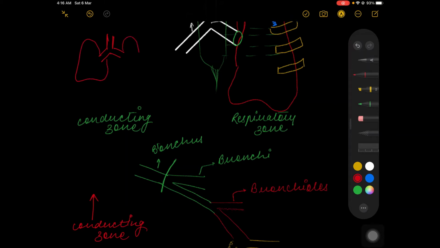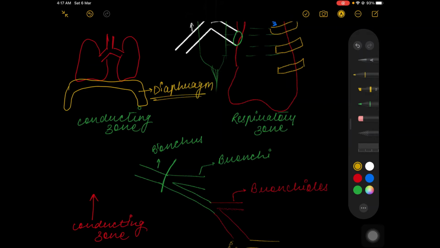And these are the lungs, and below the lungs there is a muscular organ, or muscular structure, that is known as the diaphragm. This diaphragm basically helps in respiration by generating the pressure gradient as well.